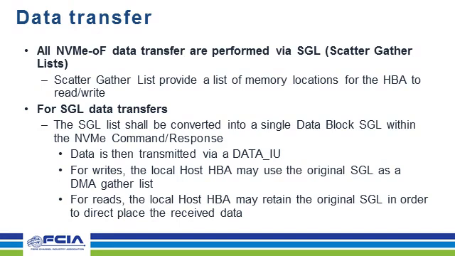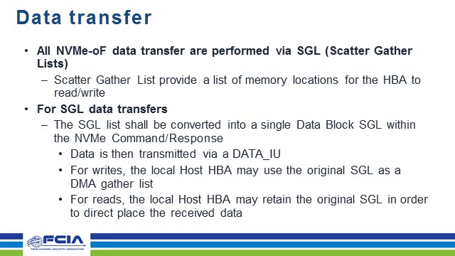Now, of course, we also need to transfer data. That's the whole point of a storage protocol. Data in NVMe is presented as SGLs, which stands for Scatter Gather Lists. Some of you may be familiar with this. A Scatter Gather List is basically a list of memory locations that the HBA can read and write, usually via DMA, or direct memory access, to those locations.